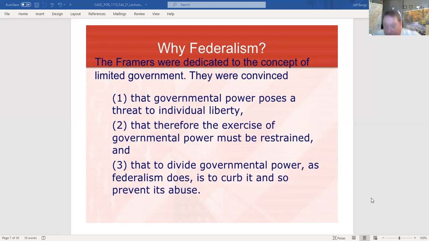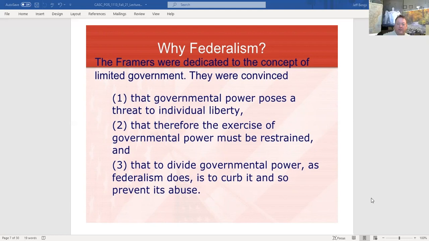They were convinced that government leaders that have power and authority will gravitate towards threatening individual liberty. That's just going to be a tendency. And that's why all of those concepts are a part of our federal government, so that too much power does not become invested in one person or one body.